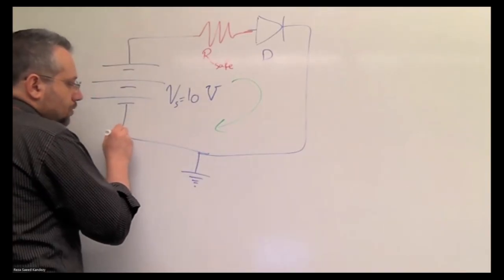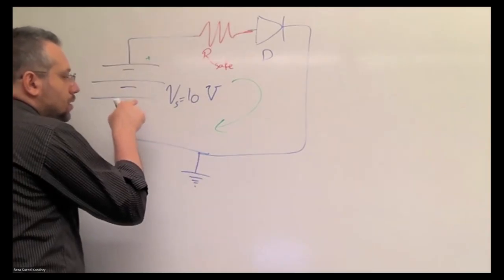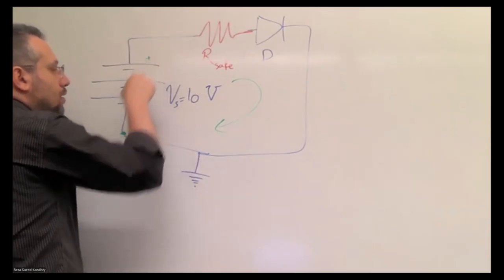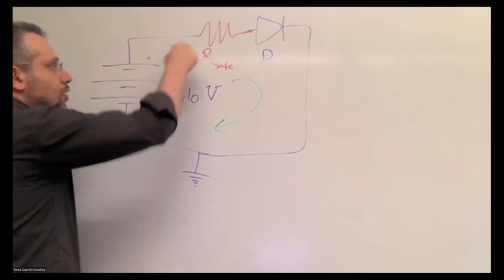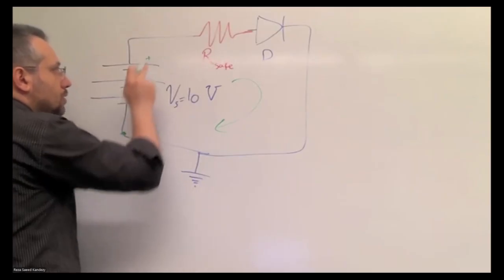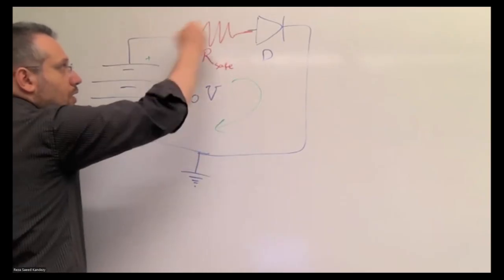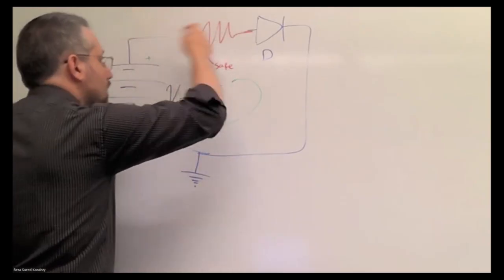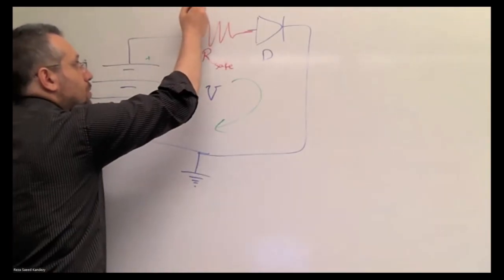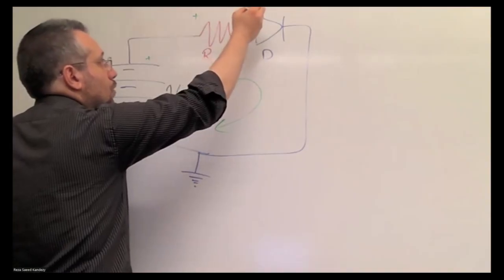We start at this point. We identify the higher potential and lower potential of each individual component. So this is lower, this is higher. In the resistance, we consider the current going from left to right. So this is going to be positive, higher voltage. This is going to be negative, lower voltage.